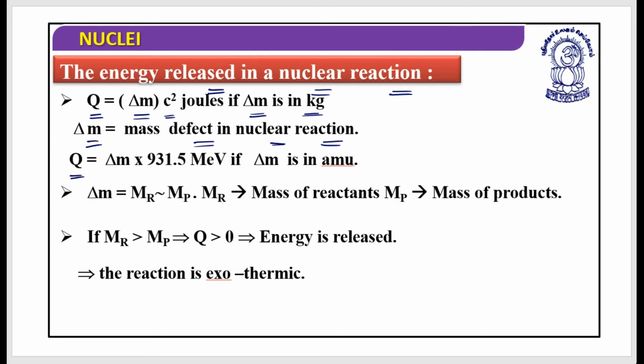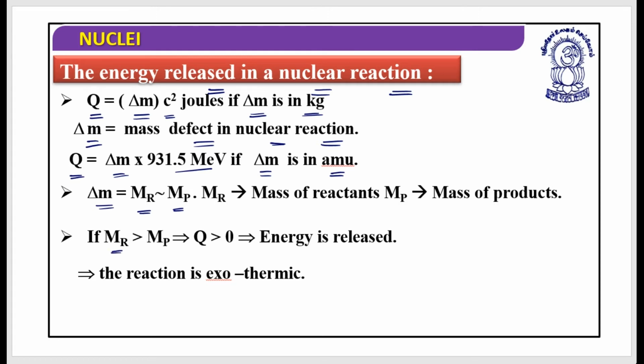So this Q value will be equal to delta m multiplied by 931.5 MeV if delta m is in atomic mass unit. So this delta m would be equal to mass of the reactants minus mass of the products.